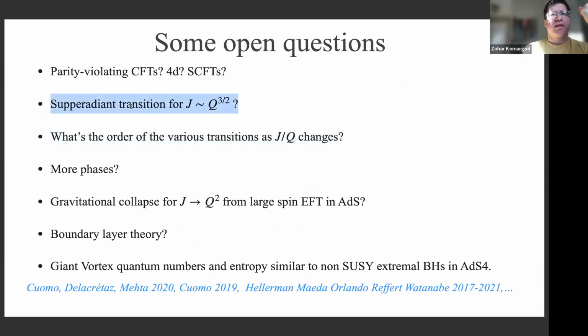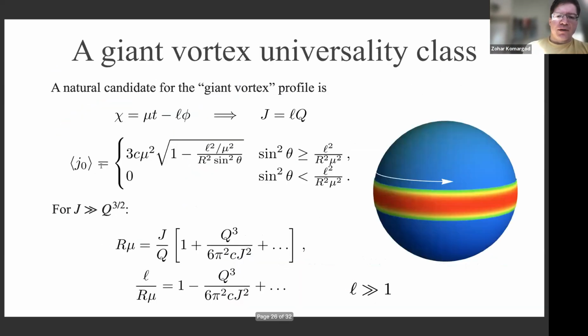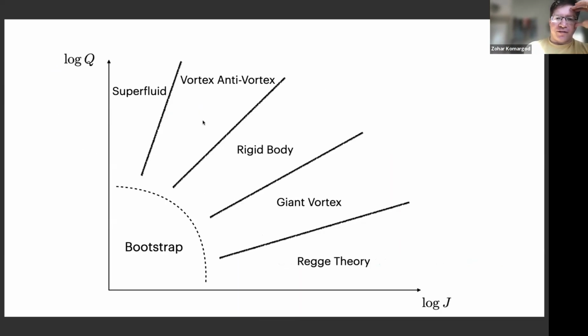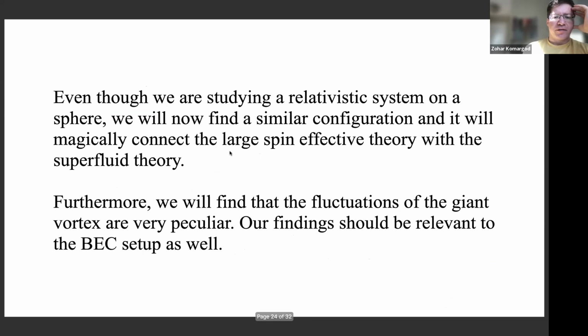In particular, what is the nature of the transition from the rigid body to the giant vortex? Also, while I gave you a phase diagram, it's probably not completely true that these are all the phases. Like, there could be intermediate phases between the Abrikosov lattice and the 2 vortex phase. Well, it's possible that there are more phases. It's not completely known what are the phases.